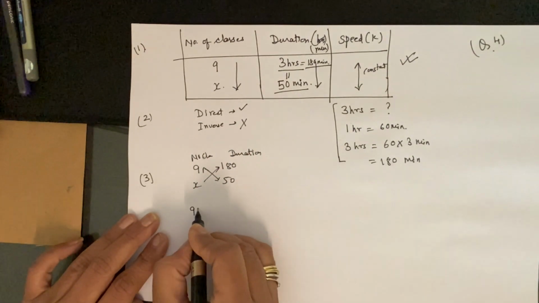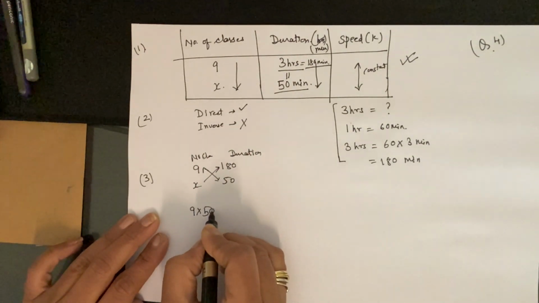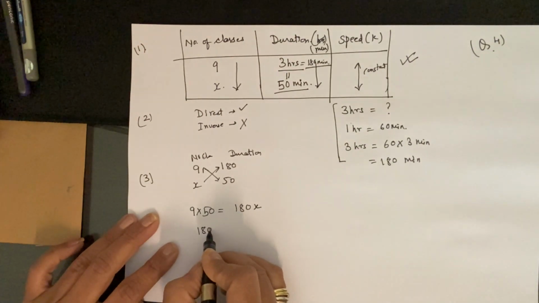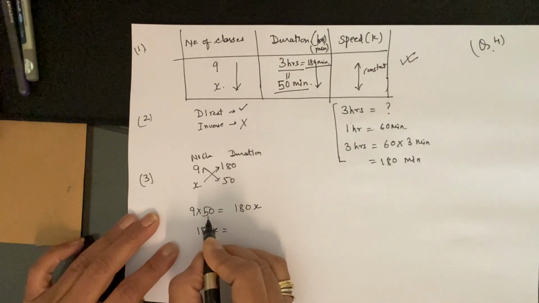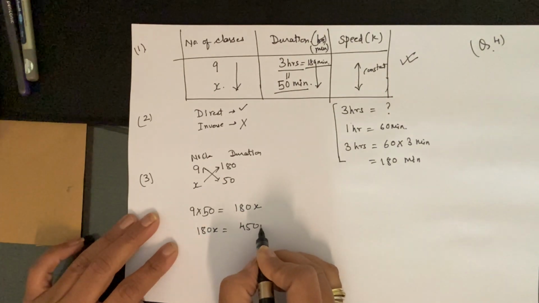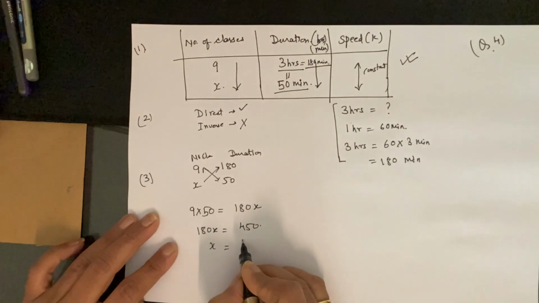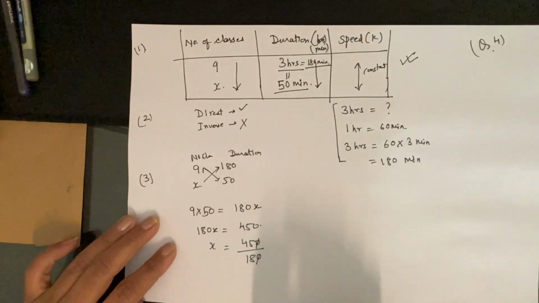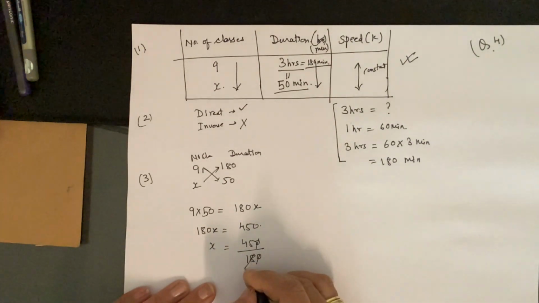So 9 multiplied by 50 will equal 180x. So 180x is equal to 9 fives are 45, so 450, and x will be 450 divided by 180. From here you can solve it further.